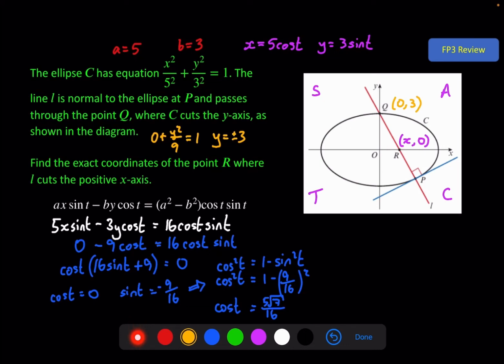So we've got 5 times x times sine t, which is minus 9 over 16, minus 3 times y, which is 0, so all of that is 0, is equal to 16 times cosine t, 5 root 7 over 16, times sine t, minus 9 over 16.